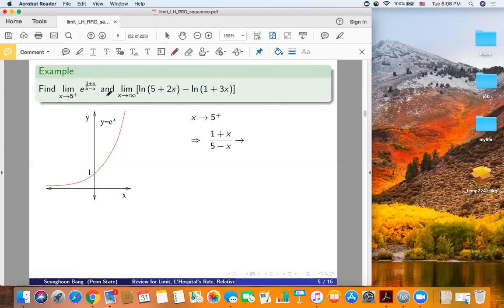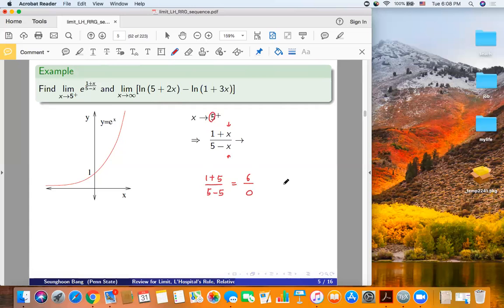It approaches minus infinity. You can check by plugging 5 into x: exactly 1 plus 5 over 5 minus 5, exactly 6 over 0 form.